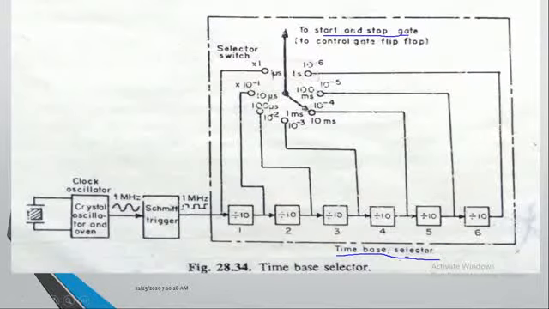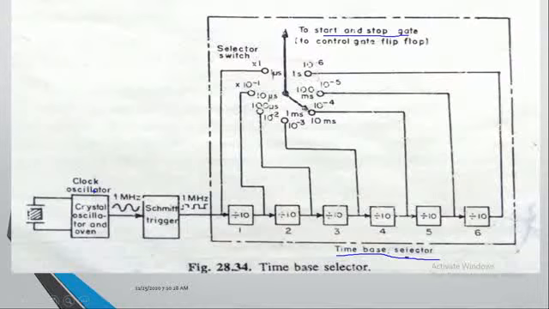This time based selector generates the time delays with the help of the clock's oscillator, the crystal oscillator. So we are taking the crystal oscillator for generating the required time periods.